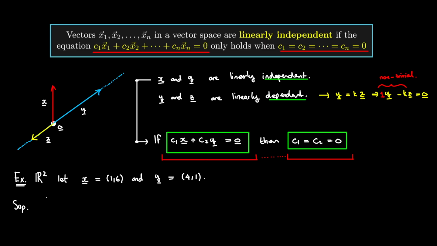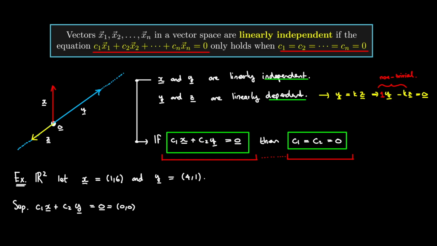And the premise here is we're going to suppose that C1 x plus C2 y is equal to 0. Now the 0 vector in R2 is just the pair (0, 0), so we can already replace the 0 by what it is specifically in R2.